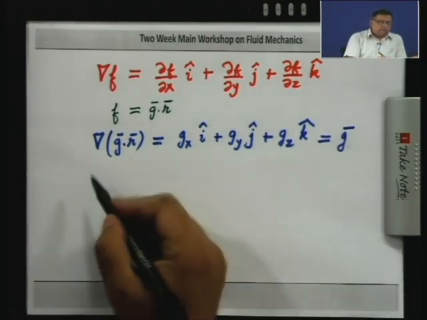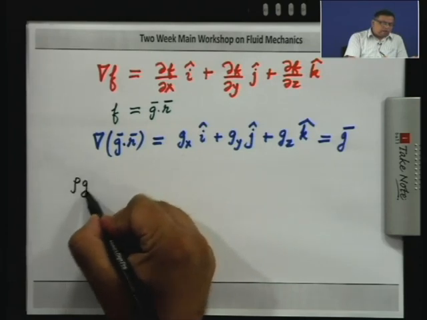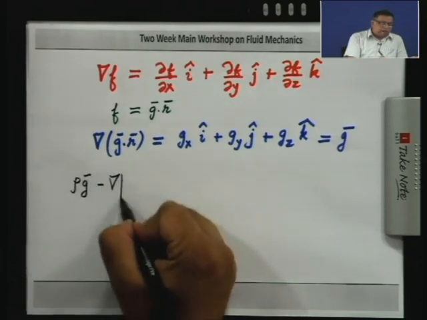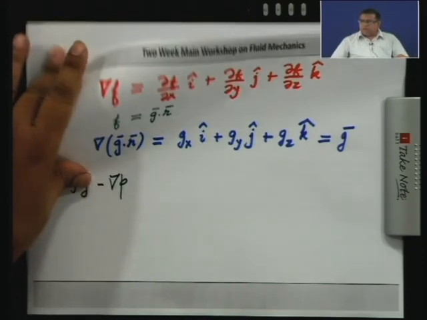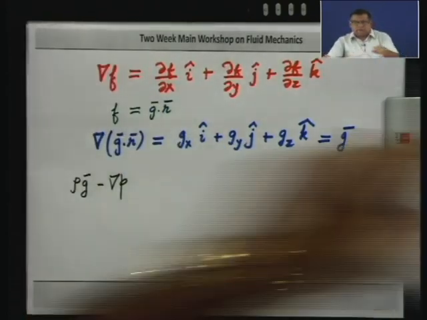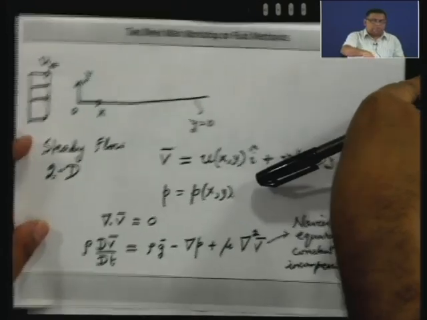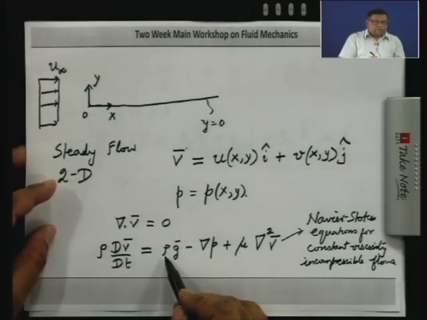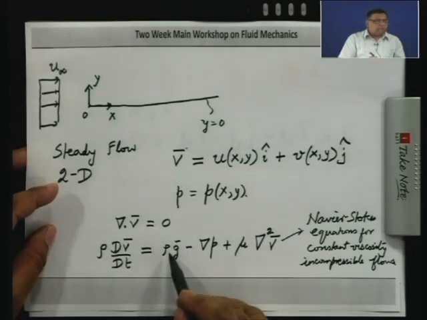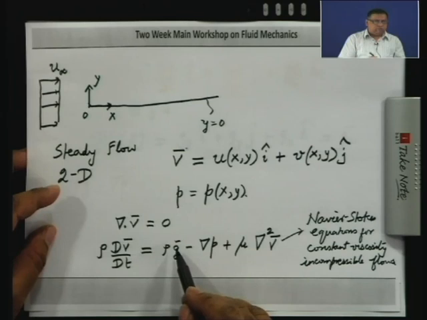Now, consider these two terms, rho g minus grad p. These are the two terms which occur on the right hand side of your equation. If you look at the momentum equation, the first term on the right hand side is the body force per unit volume, which is rho g.